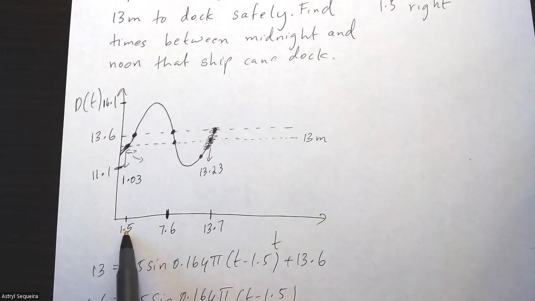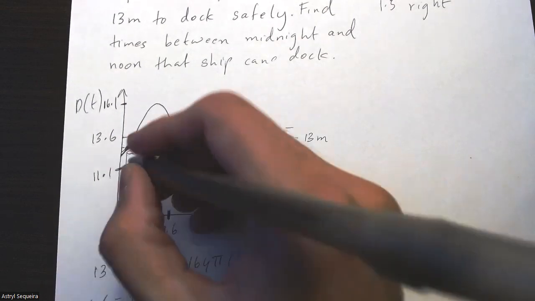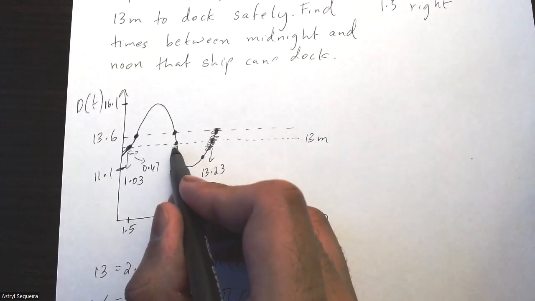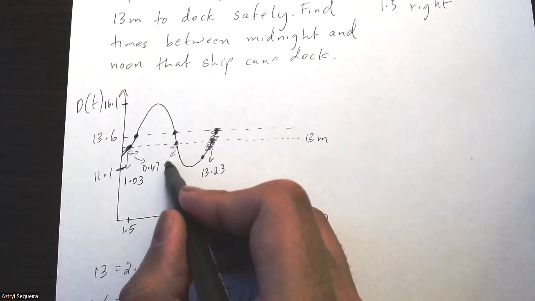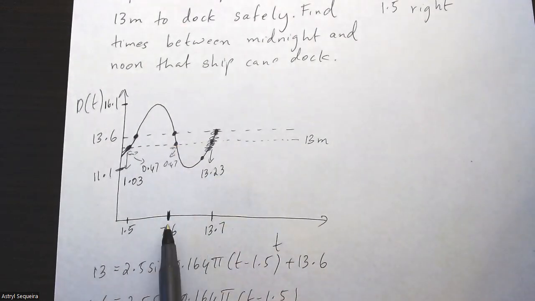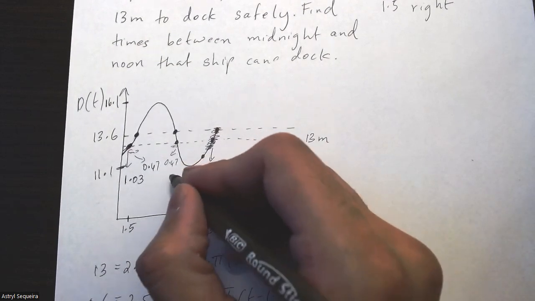So to find this gap, I'm going to do 1.5 minus 1.03, which is 0.47, which means this gap over here is exactly the same. It's also 0.47 as well, which means that this x value is just 7.6 plus 0.47, which is 8.07.